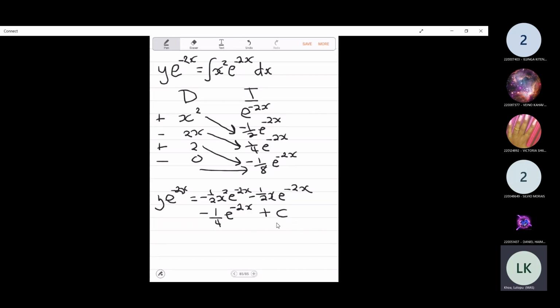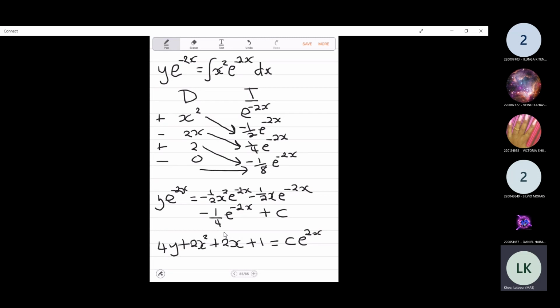Just remember that your constant will have this, so we can write it like this. 4y plus 2x squared, then we've divided by e to the power of minus 2x, then plus 2x plus 1, which we will add, well, there's no constant to add that to, and then this is equal to c e to the power of 2x, like that.